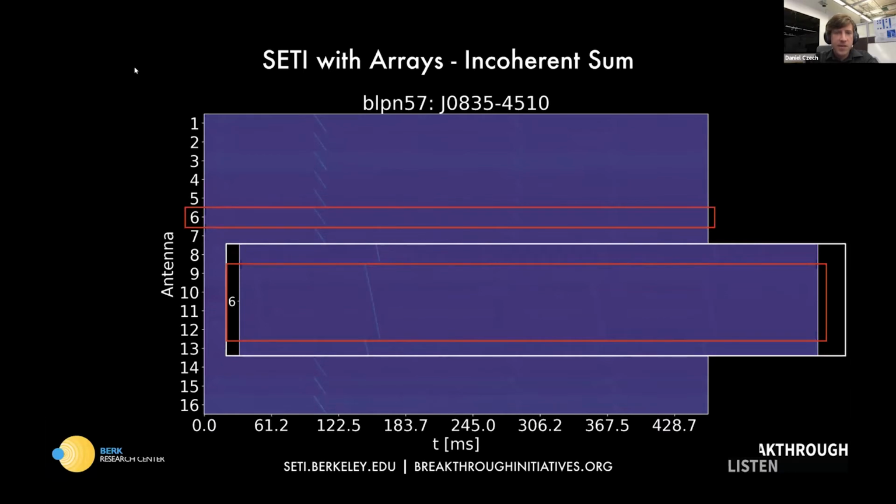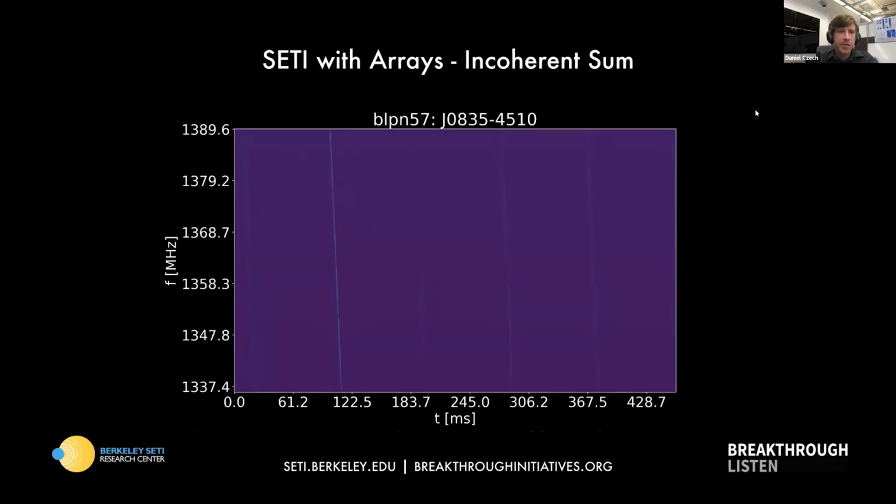You can see a signal there that's actually from the Vela pulsar, an astronomical object which produces these repeated pulses. An incoherent sum would mean simply adding up all of these signals without any further processing, and the result is a higher signal to noise ratio in this image. So here's an example of what that might look like for all of those summed together.